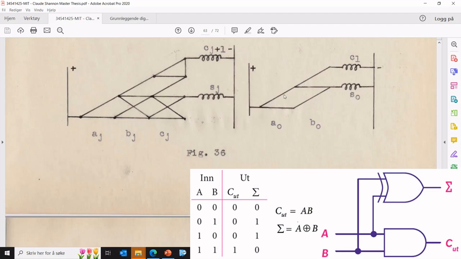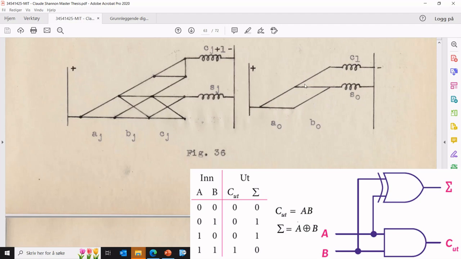And if A0 is equal to 1 and B0 is equal to 0, we also get something out on S0. And you see that either having 0, 1 or 1, 0 gives us something, and that is the XOR function between A0 and B0.